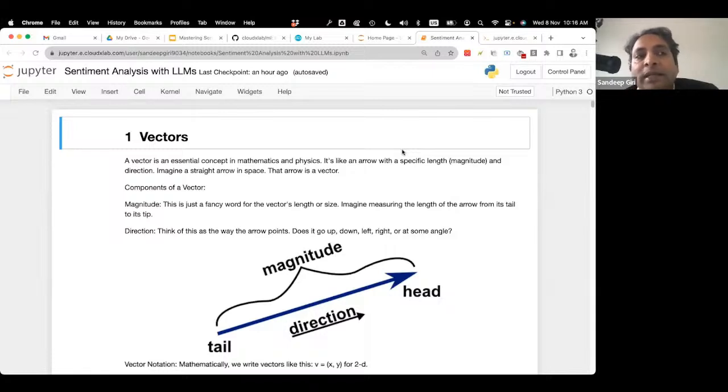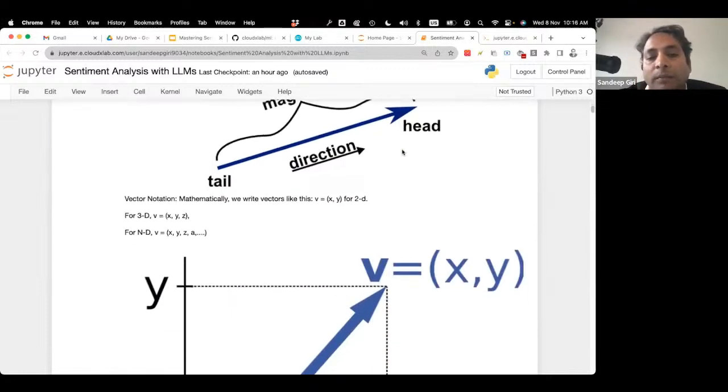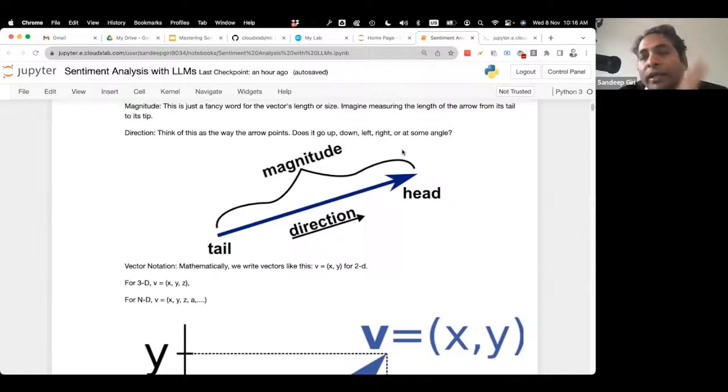Similarly, velocity in 3D space can be represented as three values: the component in the x-axis, the y-axis, and the z-axis.